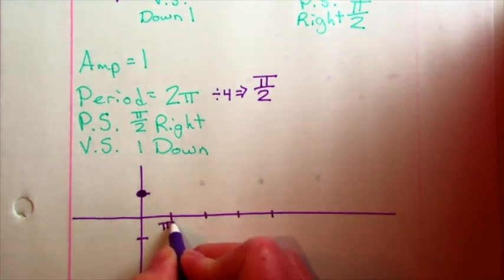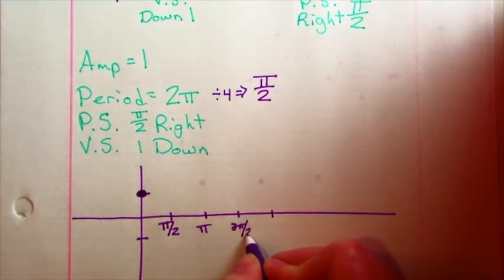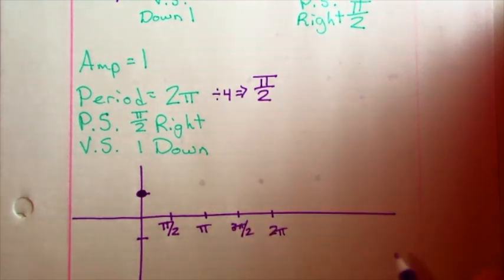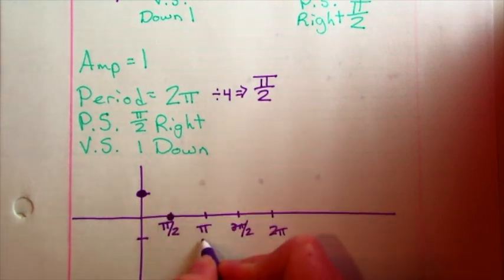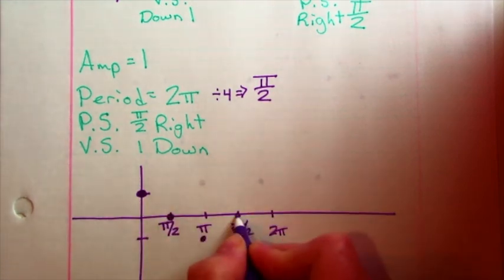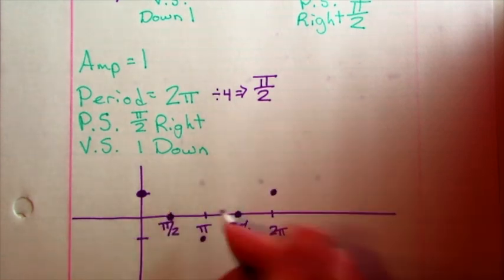Those will be pi over 2, pi, 3 pi over 2, and 2 pi, just like our original. And we're going to follow that same pattern: 1, 0, -1, 0, +1. That's the original graph.